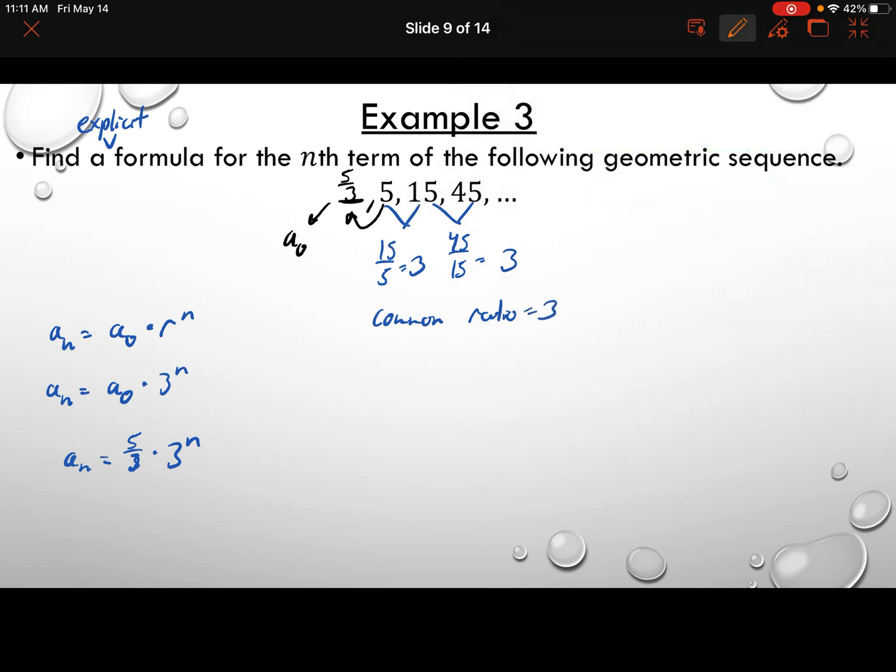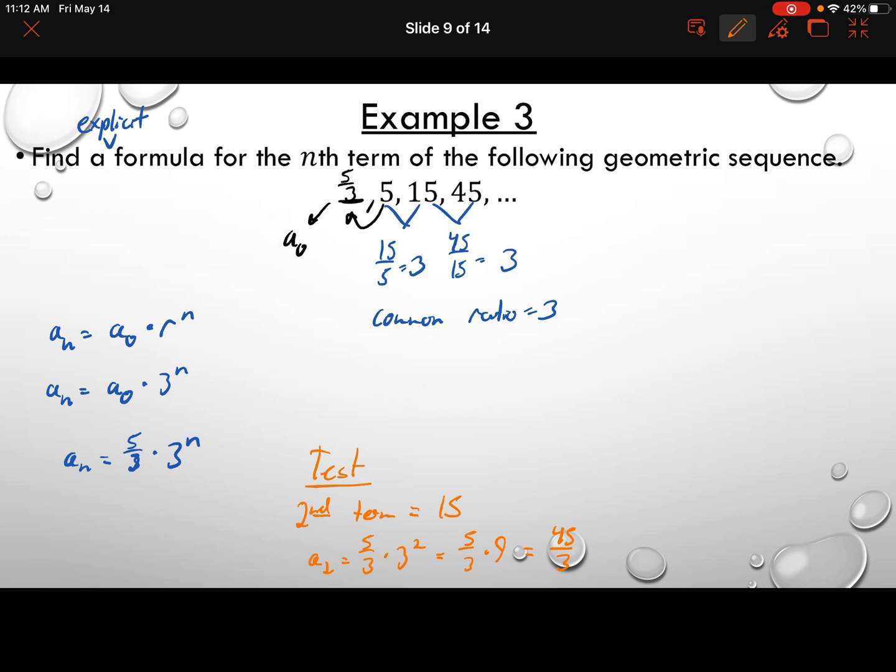All right, let me quickly show you what I'm doing. So test. So for example, we said the second term is equal to 15. So if we test it out, a sub 2 is equal to 5/3 times 3 squared. Well, 3 squared is 9. So 5/3 times 9 gives us 45 over 3.